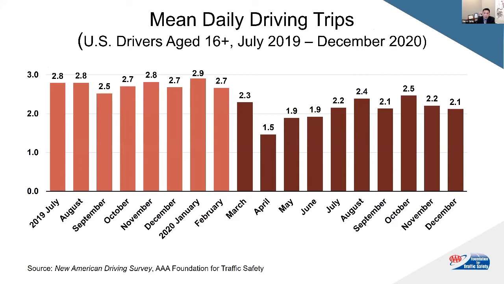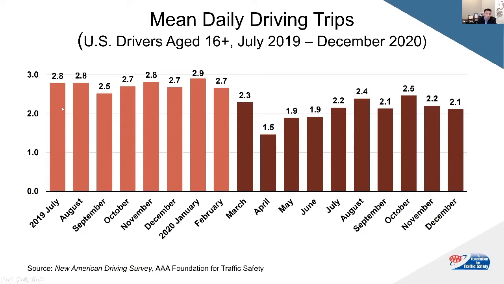Again, let's look at the data comparing what happened from July of 2019 all the way to December of 2020. Prior to COVID-19, that's about February of last year, what we see is the mean daily driving trips in the United States. This is based on the AAA Foundation's New American Driving Survey, data we collected through a daily survey we administer.